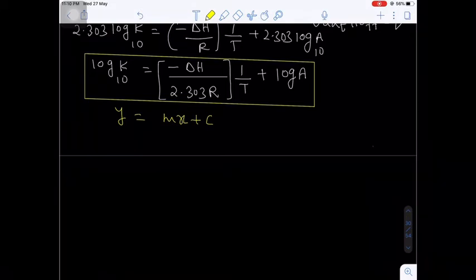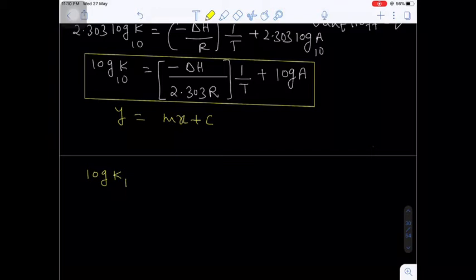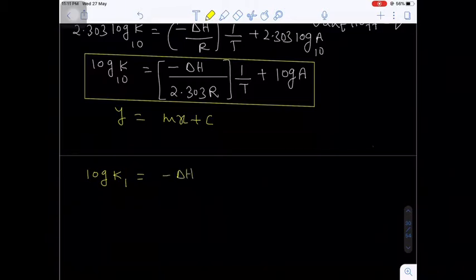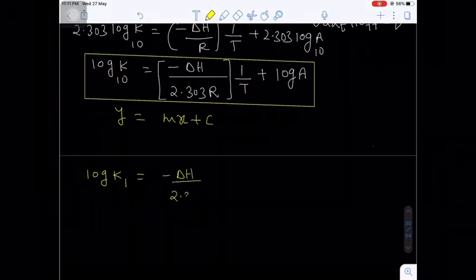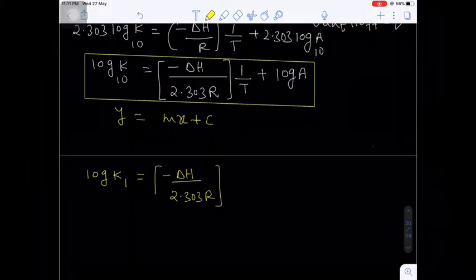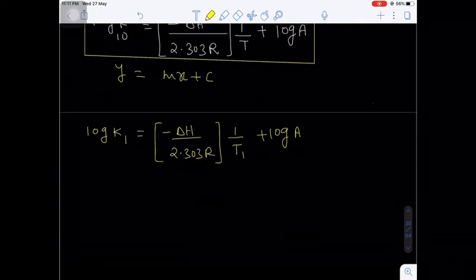Let's suppose we have two different temperatures T1 and T2. Let's suppose at T1 temperature I am taking the equilibrium constant K1, that is log K1. Whenever I write log, that is indirectly base 10. Log K1 is equal to minus delta H whole divided by 2.303 capital R into 1 by T1 plus log A. Log A is a constant.